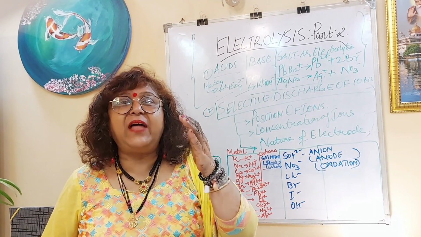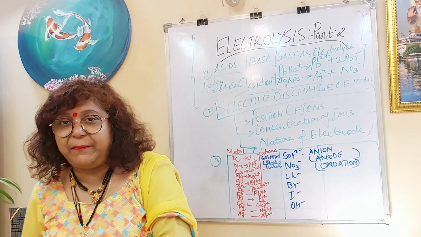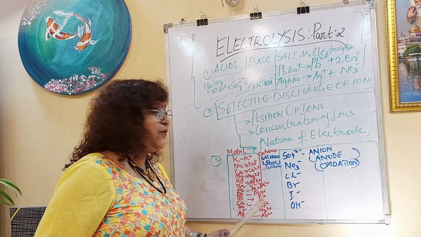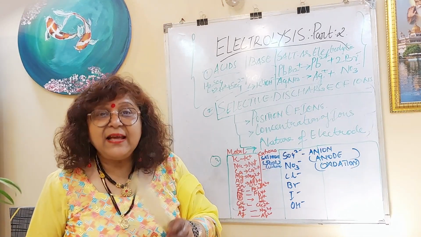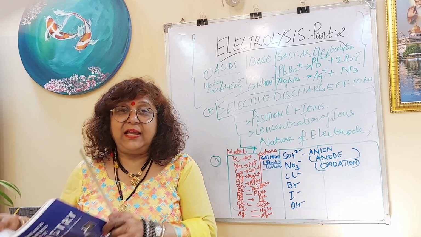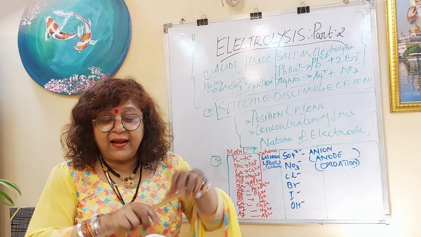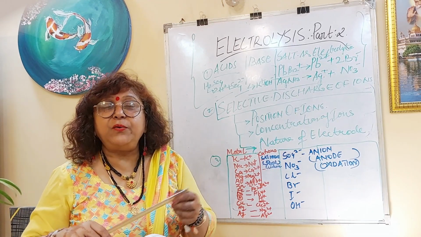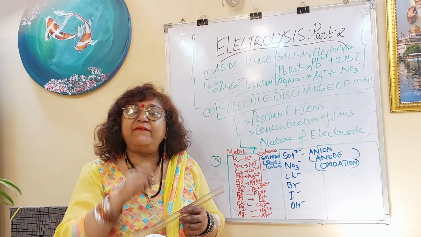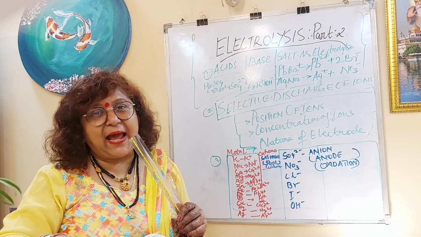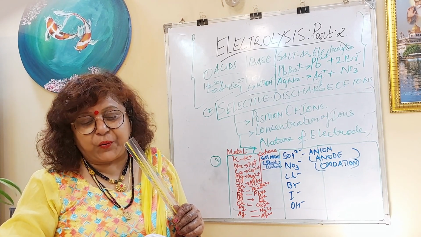The position of the ions in the electrochemical series. Second, the concentration of the ions in the electrolyte. And third is the nature of the electrode. So the factors which affect the selective discharge of ions are the discharge of cations and anions at the respective electrode.